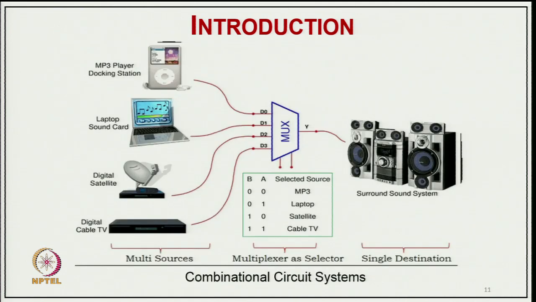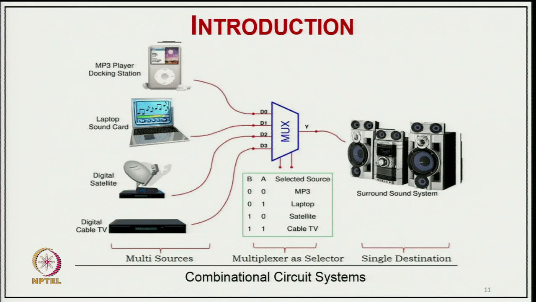Then we have a typical example of multiplexers as a selector in a combinational logic circuit, where you can mux many inputs, like an MP3 player, a laptop sound card, a digital satellite or digital cable camera.